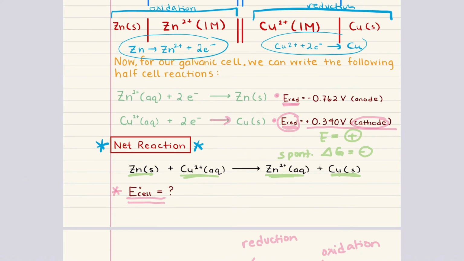This belongs to the cathode because copper is being reduced. In fact, when you are looking at the 2 half reactions that make up your galvanic cell, the reduction potential that is most positive is going to be assigned your cathode. The other is going to be your anode. The reduction potential for zinc 2 plus going to zinc solid is negative 0.762 volts.